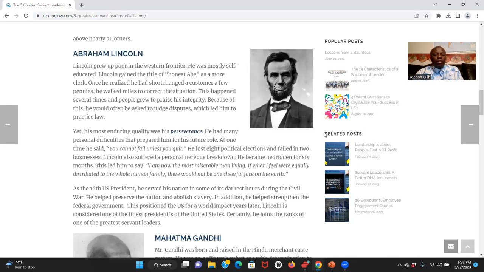Now, remember, Lincoln is the president who made the Emancipation Proclamation that banned slavery, and he was among the leaders during a time when Black people were seen as subhuman.